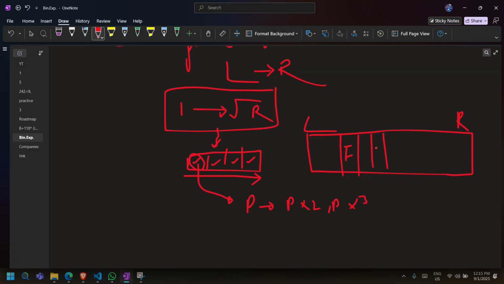And finally the elements which are marked true are your required prime numbers.